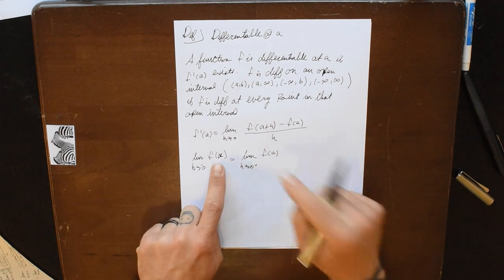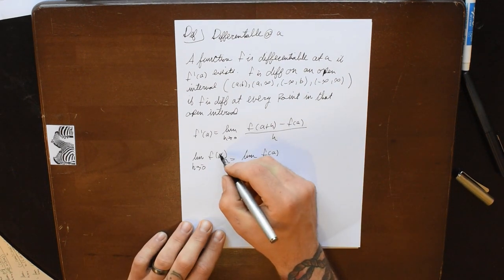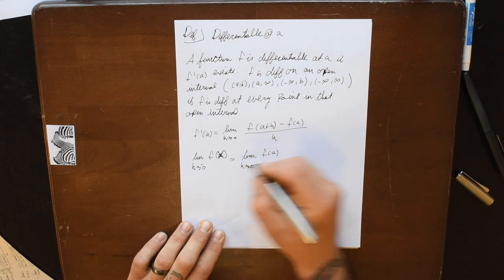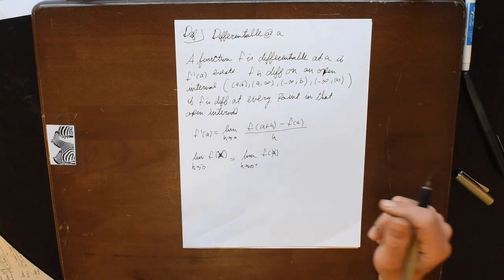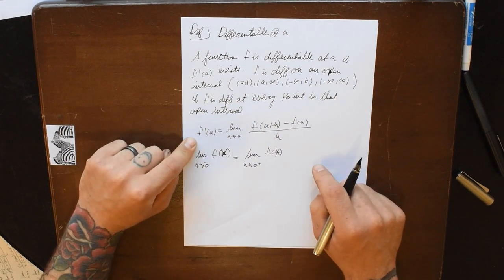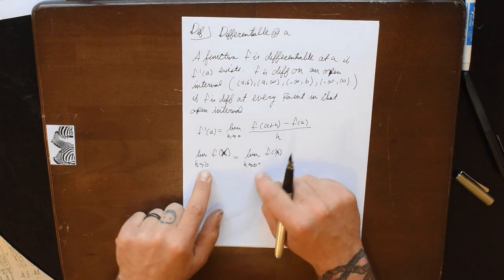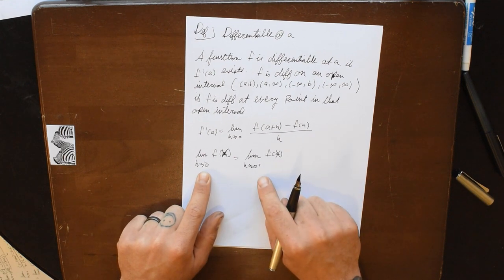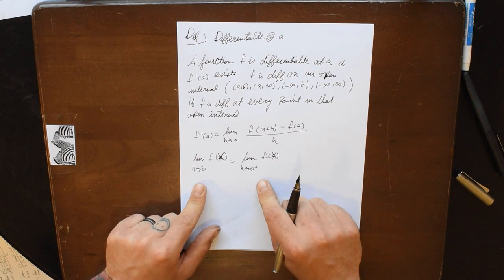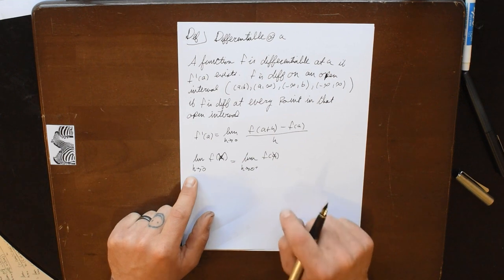So, f of a is a number, so I would go back to an x. Either way, we need this limit to agree as we approach from the left and approach from the right. So we will do an example and show you what I mean by this.